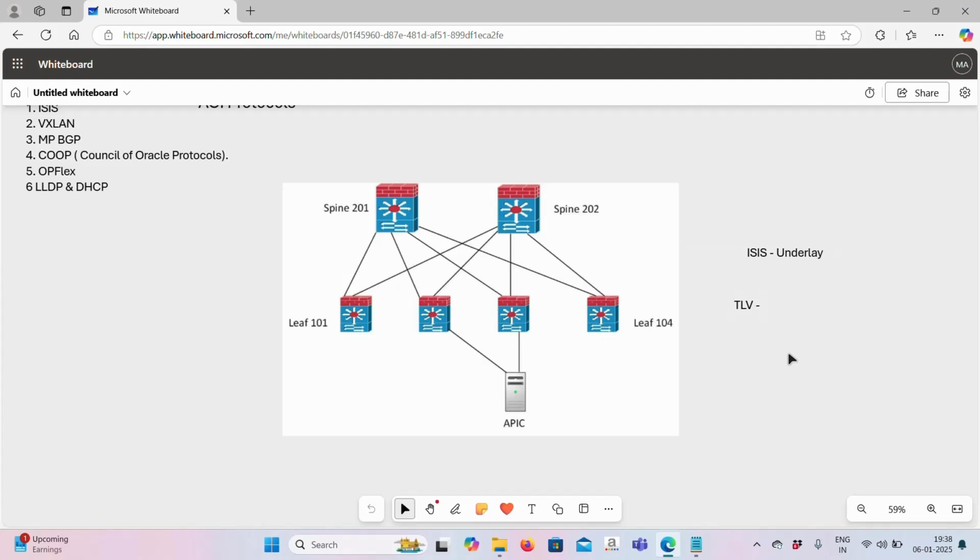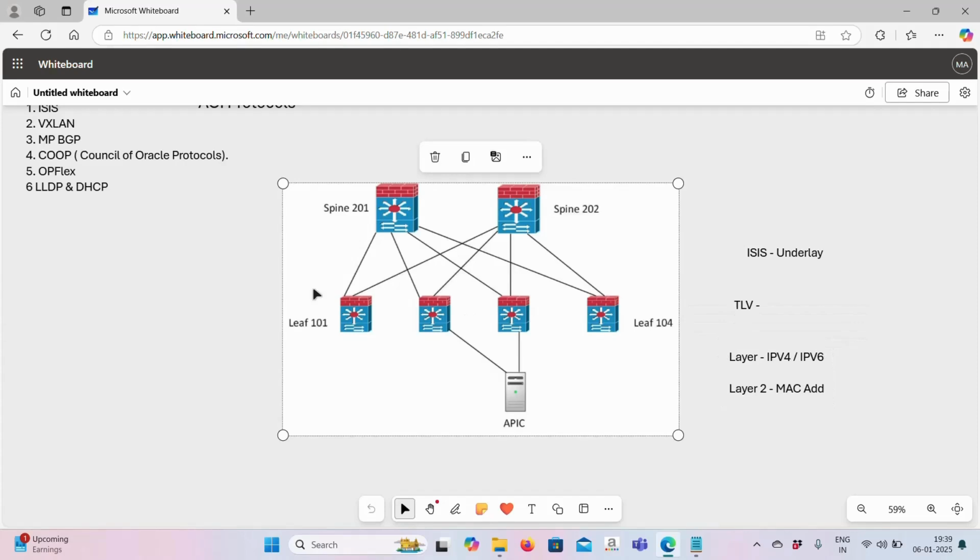So ISIS is the only protocol which allows you to have a customized TLV. If you use ISIS at layer 3, it can carry the IPv4 and the IPv6 layer 3 routes. If you use ISIS at layer 2, then it can carry the MAC address information.